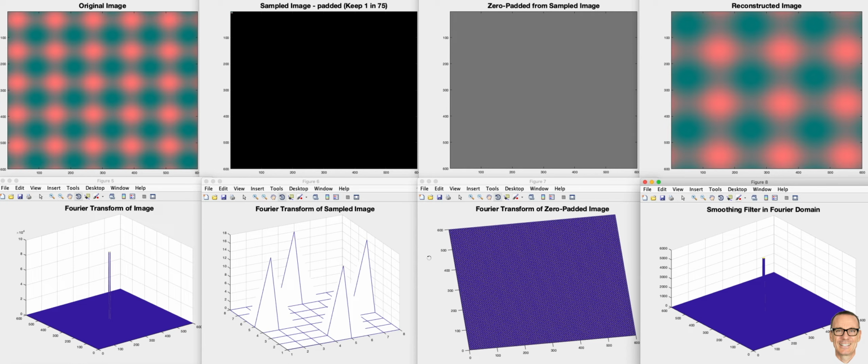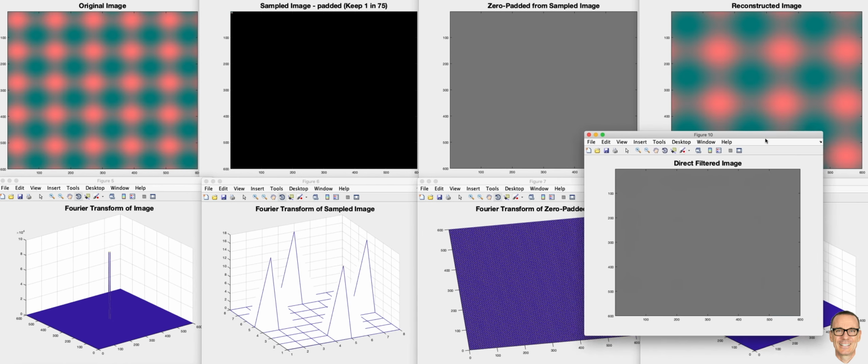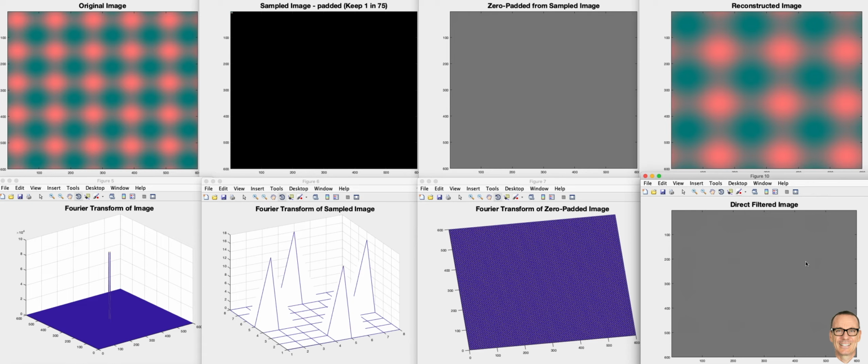Because we're sampling so low and our filter is so small, when we multiply this filter on the bottom right with our image Fourier transform, the filter is smaller than the area covered by these delta functions. And therefore, if we do it that way, our recovered image is actually all 0.